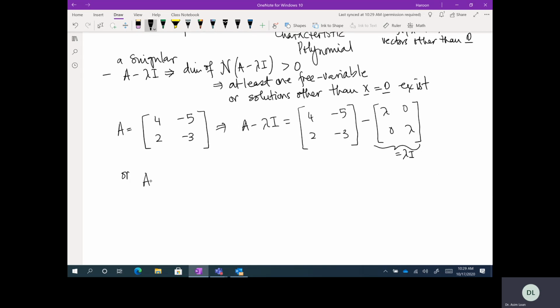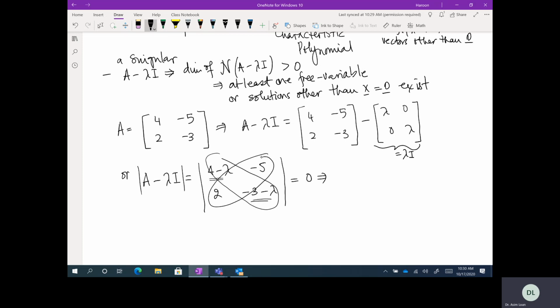I write this determinant in this form: 4 minus lambda, minus 5, 2, and minus 3 minus lambda. What happens is when you do A minus lambda I, lambda is subtracted from the main diagonal elements. This should be equal to 0. So you cross multiply these two and then you subtract these two.